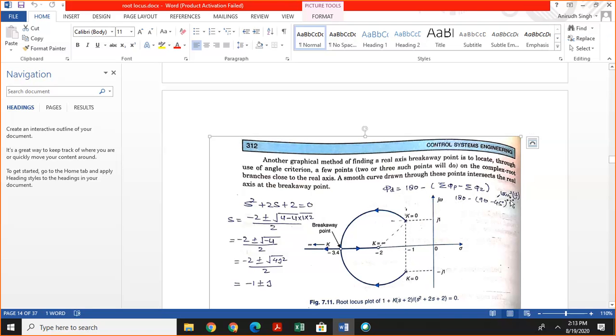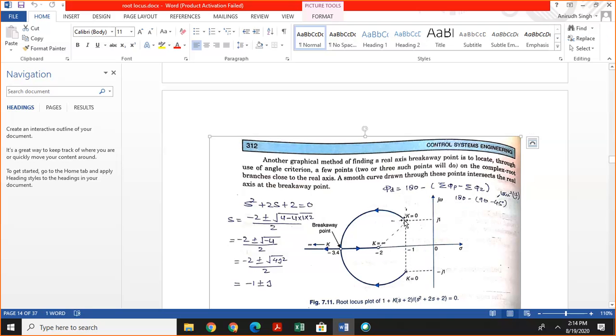This 45 is equal to tan inverse of minus 1 divided by 1. So 180 minus 45 gives 135, sorry, and this is the angle of departure, equal to 135.